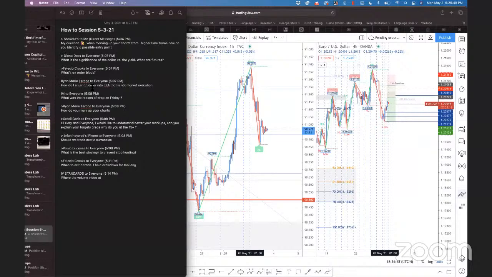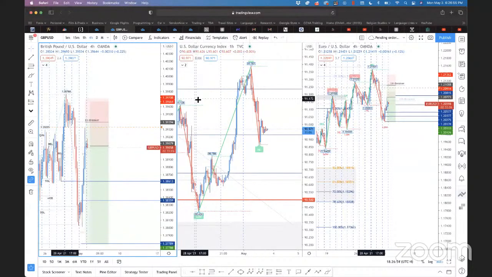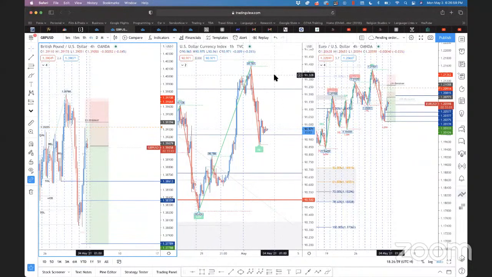How do I enter an order into MT4 that is not market execution? If you are using the phone, right before you enter the trade, there's going to be an option for you to select the type of order that you want to enter.